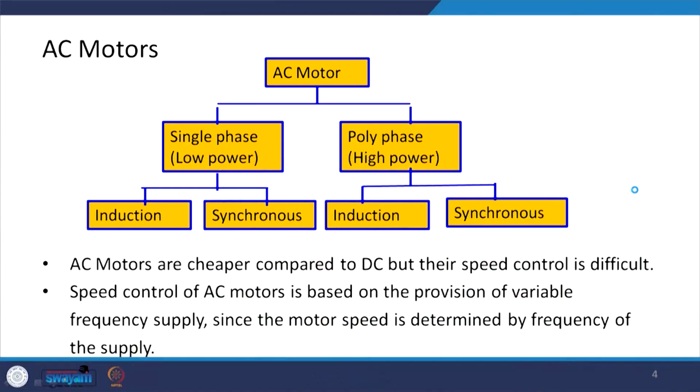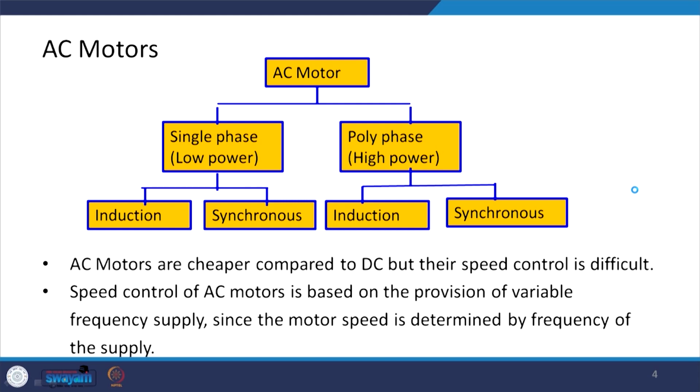Hall sensors are generally used to sense the position of the rotor and initiate the switching by the transistors. Hall sensors are positioned around the stator. That schematic I have not included here. You can see it in some standard textbook, along with the switching with the help of transistors.